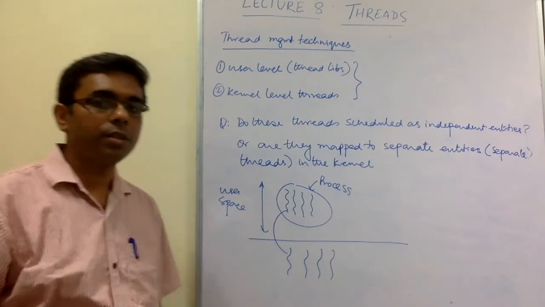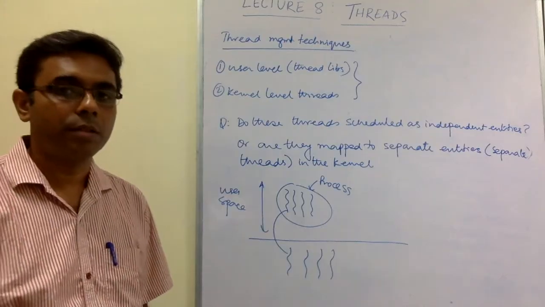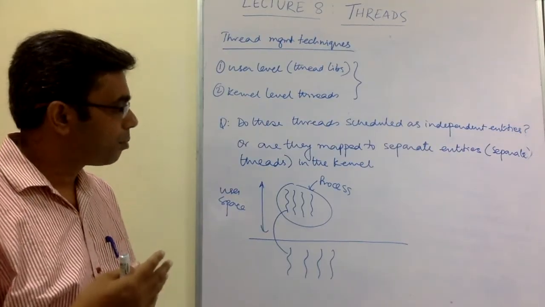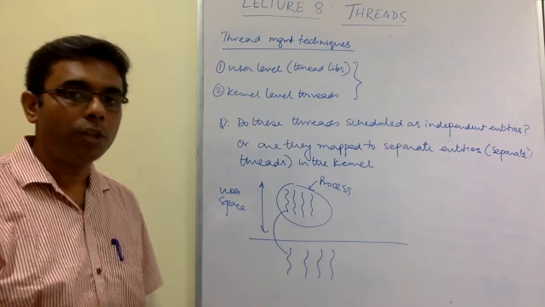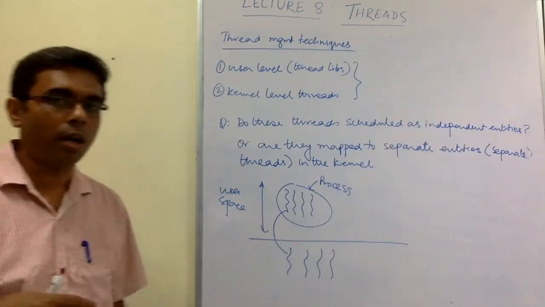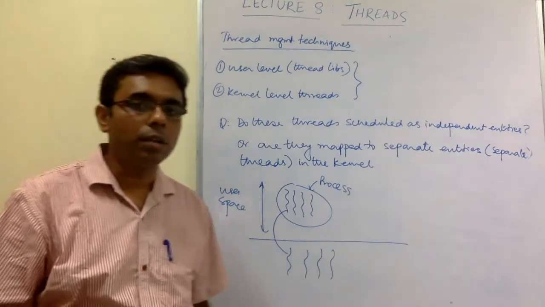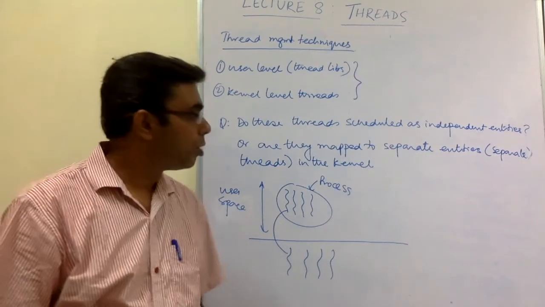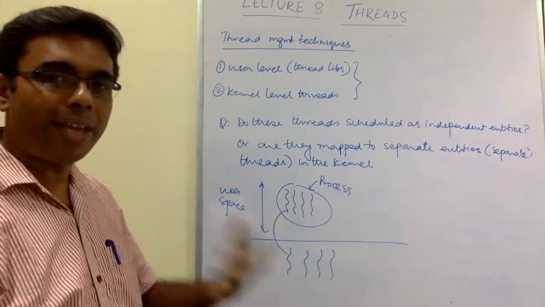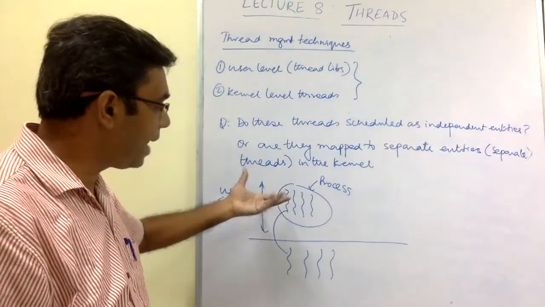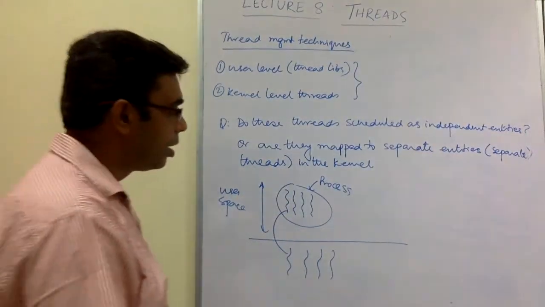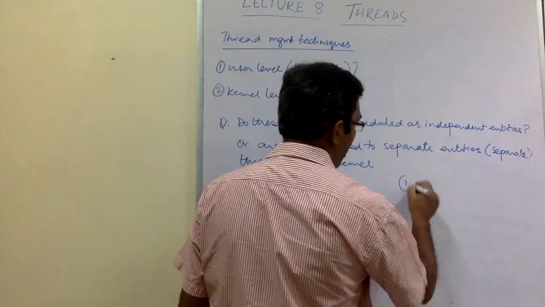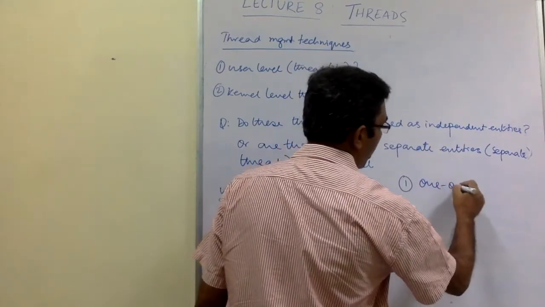Now this is OS specific. There are three different techniques, and different OSes have their own choices. The three different ways in which this mapping can be brought about are: number one, a one-to-one mapping.